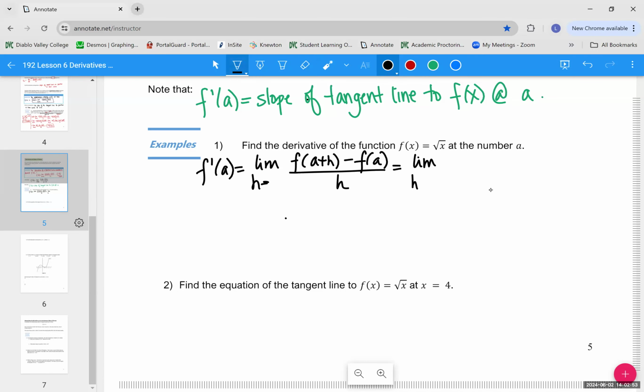I put the two parts together as opposed to keeping them separate. So I am doing the limit as h approaches 0 of f of a plus h minus f of a over h. All right, so the limit as h approaches 0. F of a plus h is just the square root of a plus h. F of a is the square root of a.